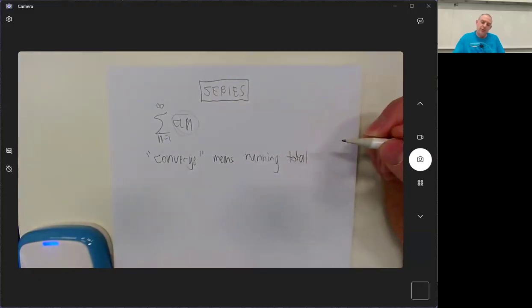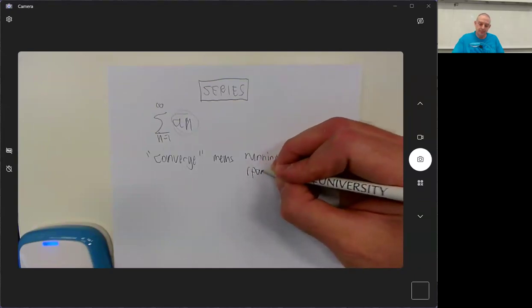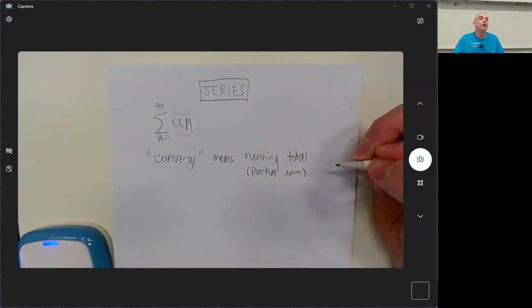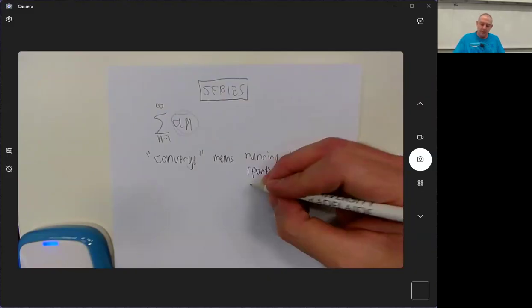I believe the official word for running total is partial sum. But running total is a word that I already know, so it makes more sense to me.